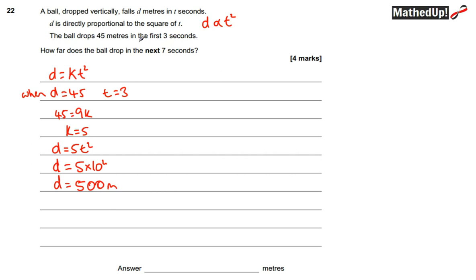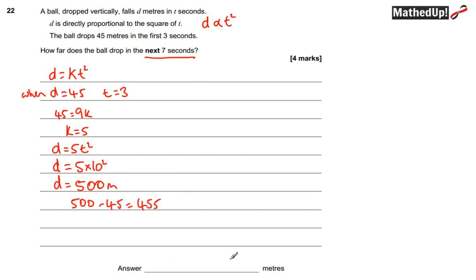It had already fallen 45 meters in the first 3 seconds. So to answer the question, how far did the ball drop in the next 7 seconds, we need to do 500 take away 45. So 500 take away 45 gives us 455.